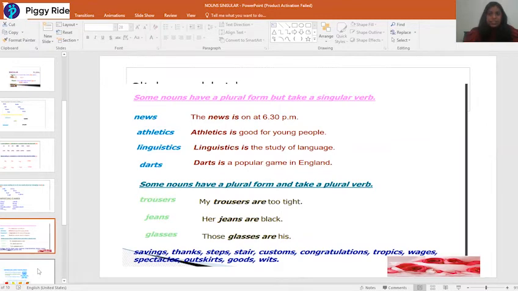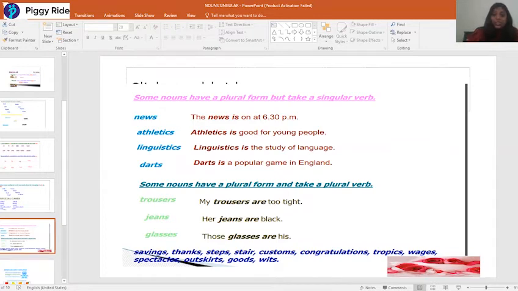Those glasses are his. Those glasses are broken. Your glasses are having too much power. So, my dear kiddos, there are some nouns that have a plural form and they take a plural verb too.